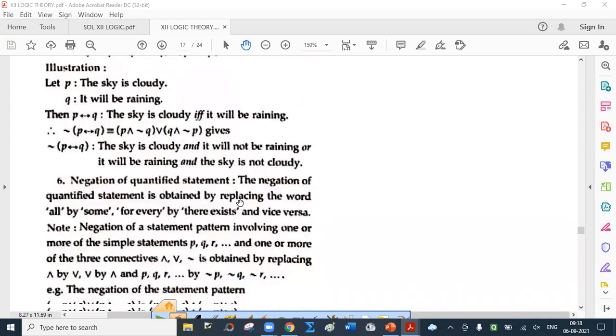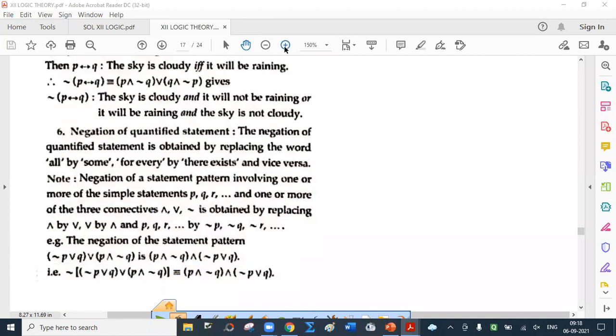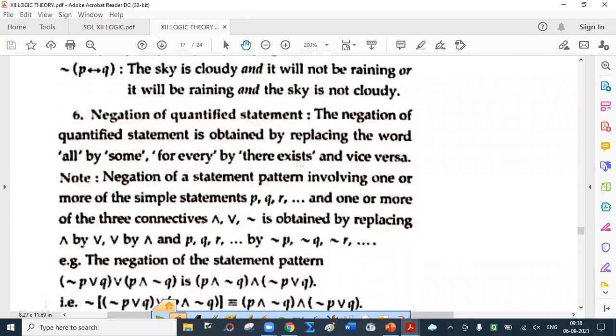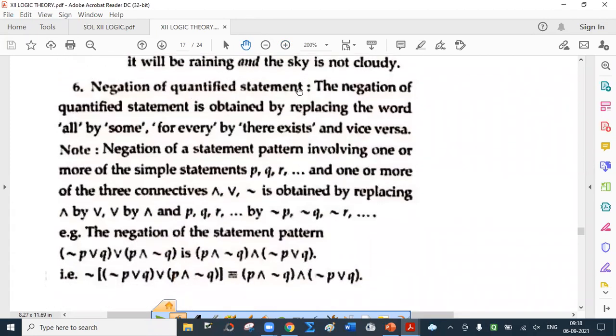Okay, now this is very, very important. Please listen to me carefully. Negation of quantified statement. The negation of a quantified statement is obtained by replacing the word all by some, for every by there exists, and vice versa.